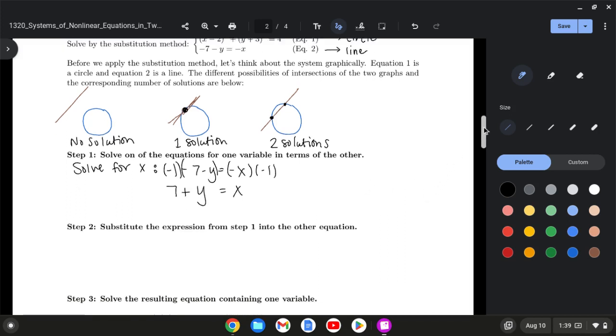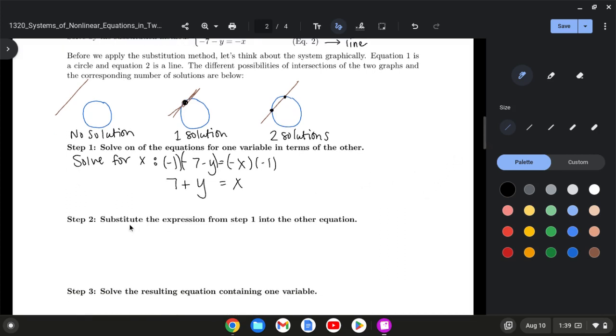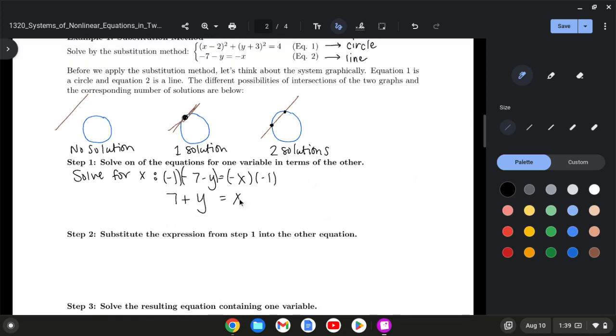Now, moving on to step 2, we're told to substitute the expression from step 1, so this expression 7 plus y, into the other equation, which is our circle equation, for our value of x. So we have x minus 2 squared plus y plus 3 squared equals 4. Now we know what x is equivalent to, and that's 7 plus y, so I'm going to plug that in.